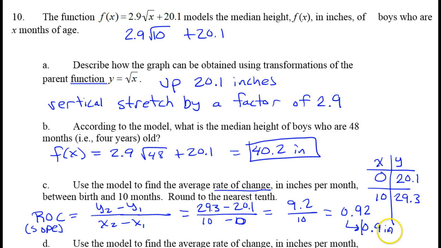It's a rate of change, so I can't just say inches. It's going to be something per something. In the top, the y values are inches, but the x values are months. So I almost made a mistake when I said 0.9 inches, like it was just a height.